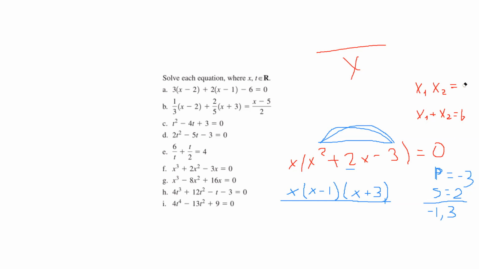Because there could be no other two solutions, you understand? This method either works or it doesn't. So in this case, we would have x1 times x2 equal minus 3 divided by 1, and minus b divided by a would be minus 2. Yeah, it works.